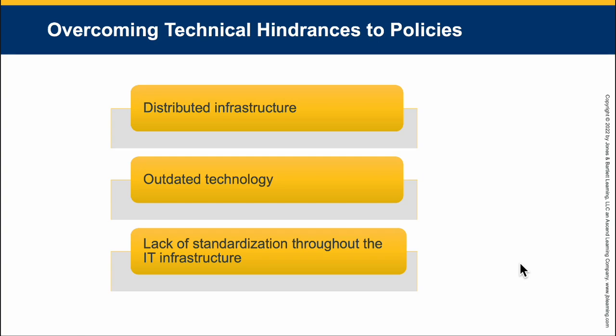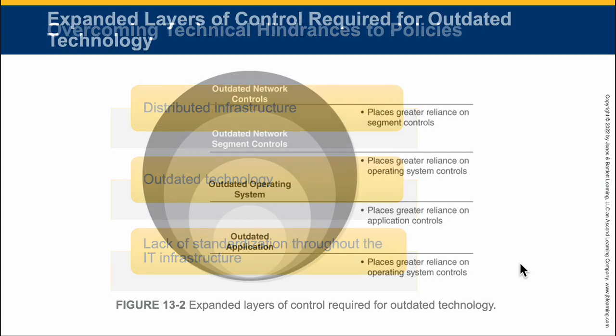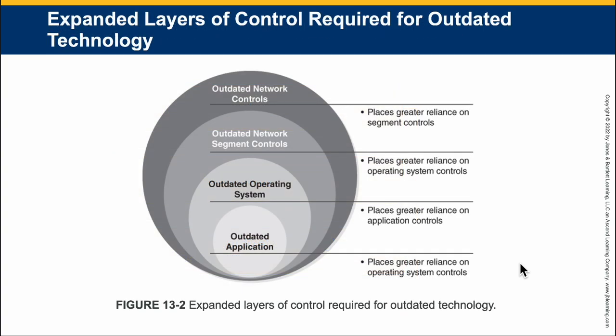In terms of expanded layers of control, in this case outdated technology, it covers application system, segmentation control, things like different departments, and also network control. So there are different levels of it.